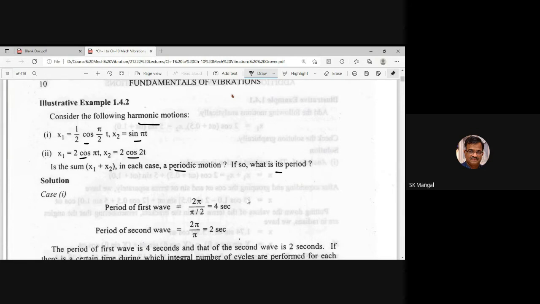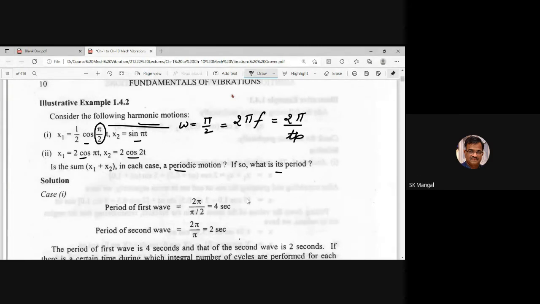So for the first case, this is basically your omega, nothing but pi by 2. So you can write omega equals 2 pi into f, where f is the frequency in hertz. It becomes 2 pi upon time period.